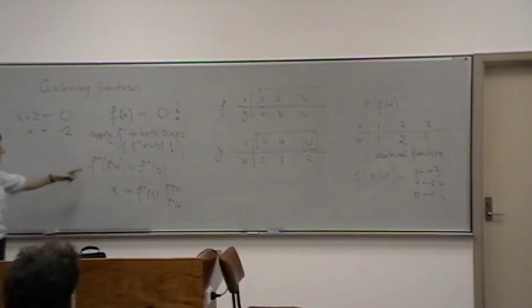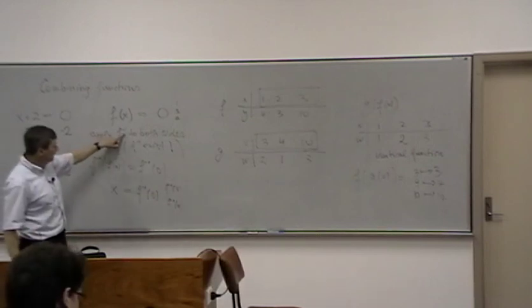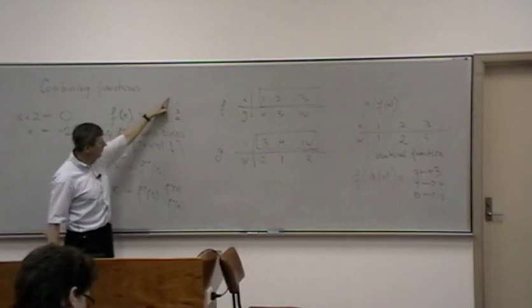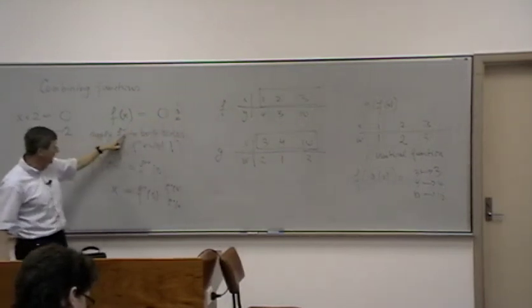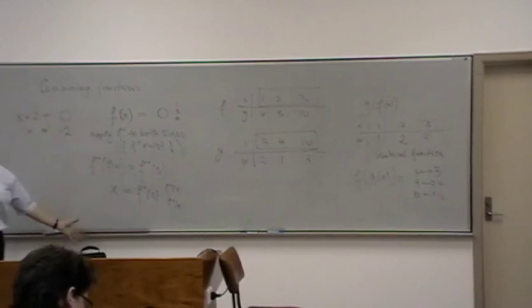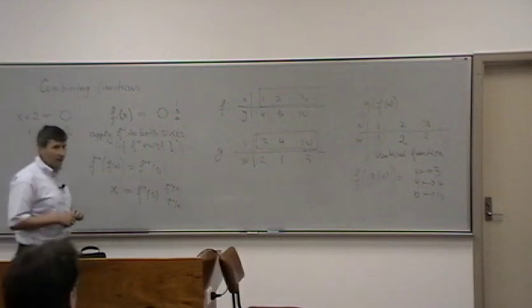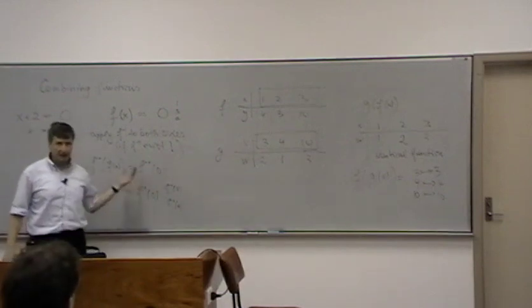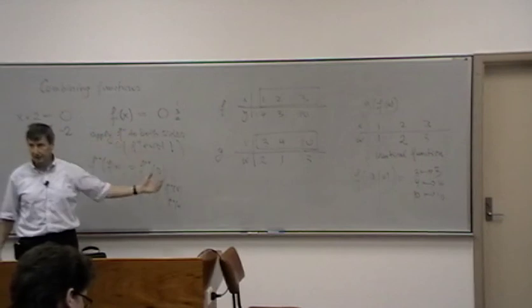So if this inverse function exists and 0 or whatever number is here is in the domain of the inverse function, then this would be a very easy way to solve the equation. And this is the reason why we will discuss inverse functions of all the elementary functions.